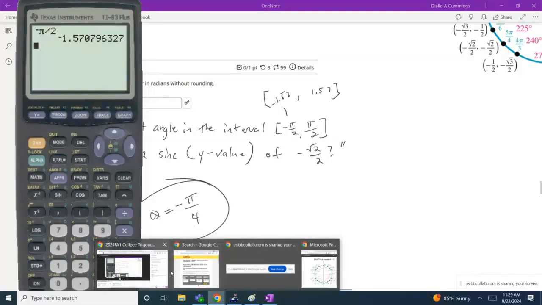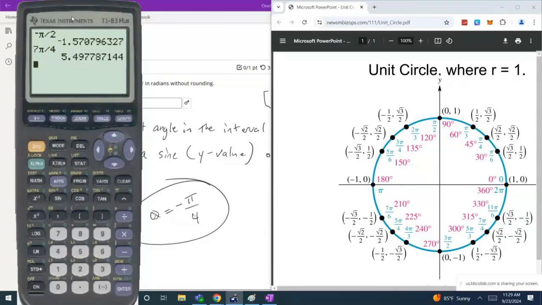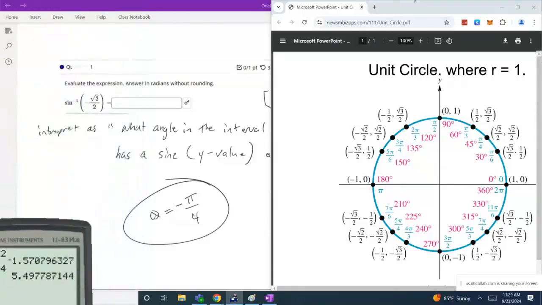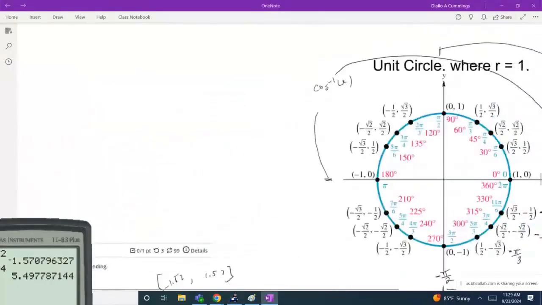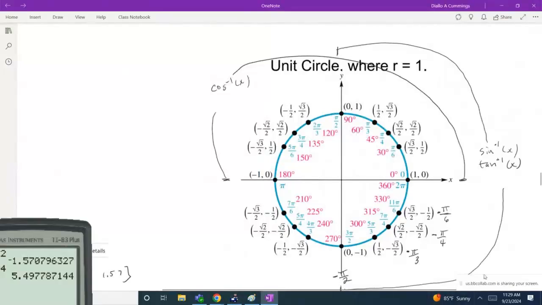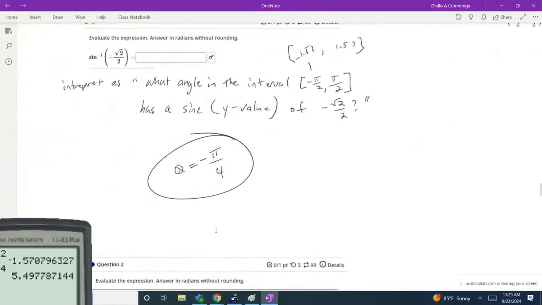If I go back to the unit circle, notice that negative pi over 2 is negative 1.57. If I were to use 7 pi over 4, that's going to exceed my range. So whenever you're dealing with the arc sine and the arc tangent, in order to stay within the proper interval, you must use the negative angle measures. So for my problem number 1, I will have negative pi over 4.